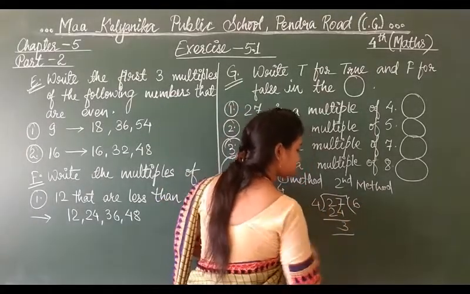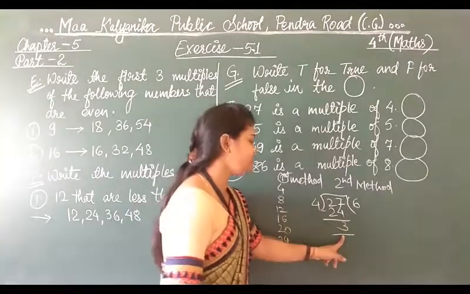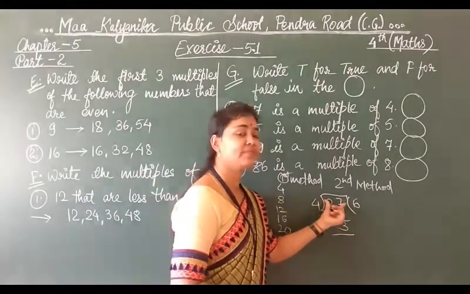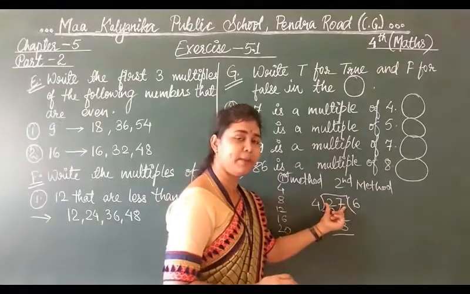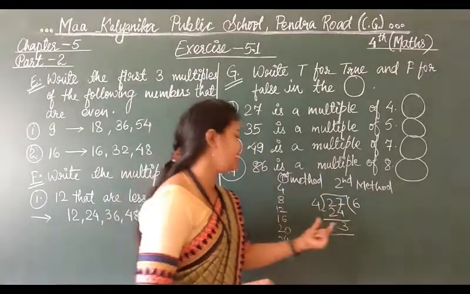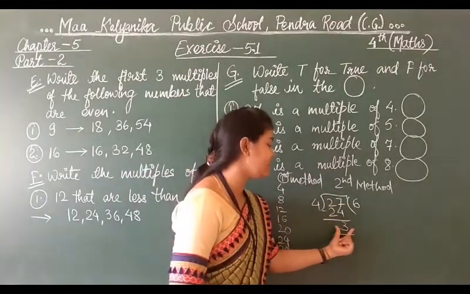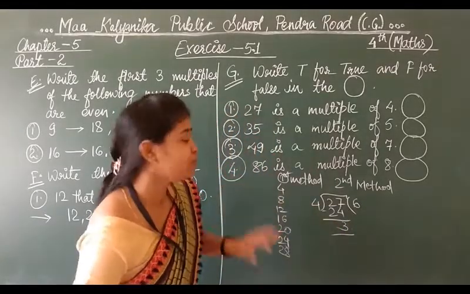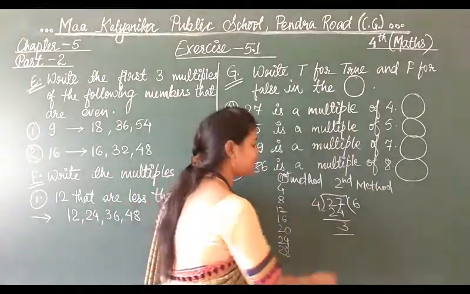Now no number is left, 3 is remaining. If the remainder is 0, it will be an exact multiple of the given number. But here the remainder is 3, not 0, so it is not completely divided by 4. That's why it is not a multiple of 4.